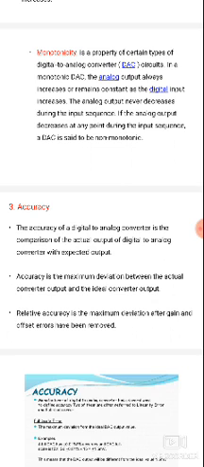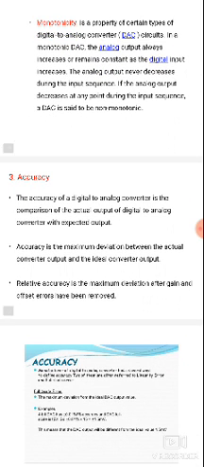Accuracy is the relation between the original value and the expected value. If the original value and expected value are equal, we get a 100% accurate signal. The ideal value and the practical output value will differ, so a deviation arises.